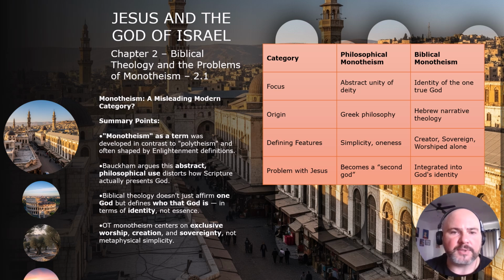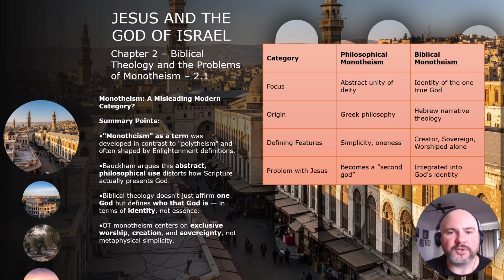Philosophical monotheism is rooted in Greek philosophy, while biblical monotheism emerges from the Hebrew narrative tradition, that is, from the story of Israel and God's self-disclosure through history. Defining features. Where philosophy looks for abstract traits like simplicity or unity, biblical faith focuses on who God is, the one who created all things, rules all nations, and alone receives worship.